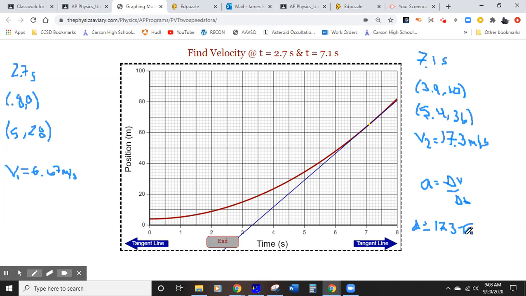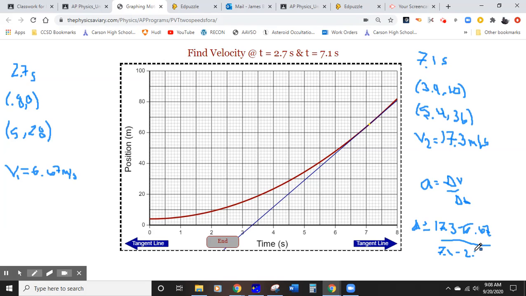And delta t is going to be 7.1 minus 2.7.